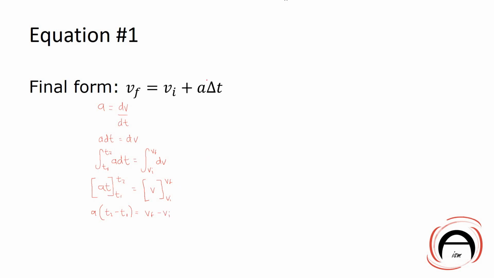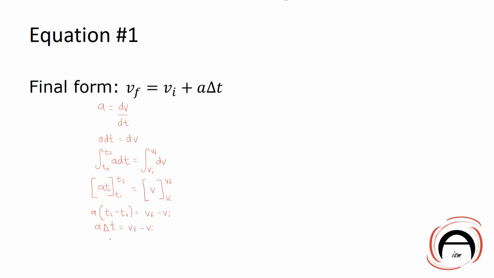Our change in t term is the same as t2 minus t1, because change in t just means how much time went by over a certain period. So a times that change in t is equal to vf minus v initial.